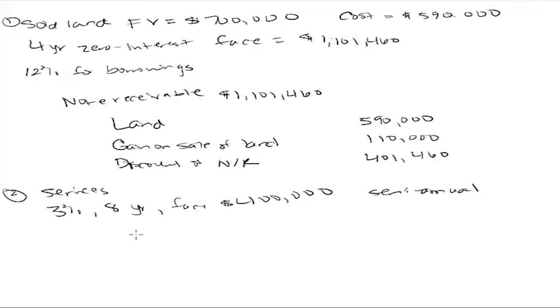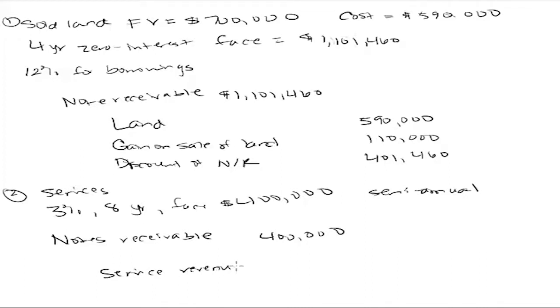Okay? So I can go ahead and start this one. Again, I know what notes receivable is going to be because I know the face. That's what we record that at. So we've got face value, $400,000. Now, I know I'm going to record service revenue, but I don't know what it is yet. So I'm just going to leave a space here.